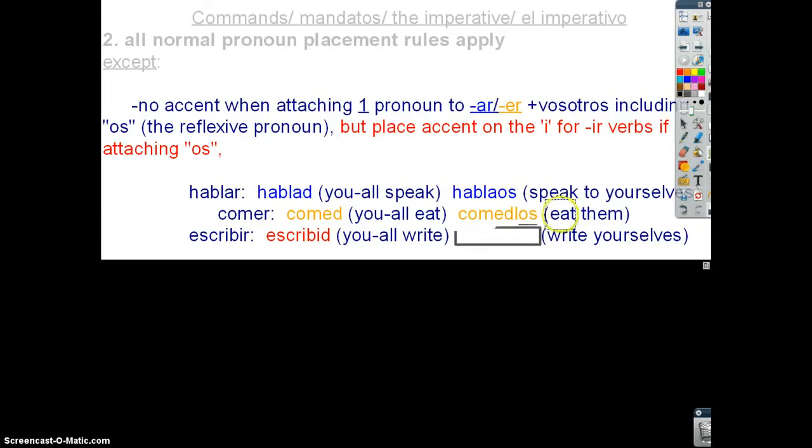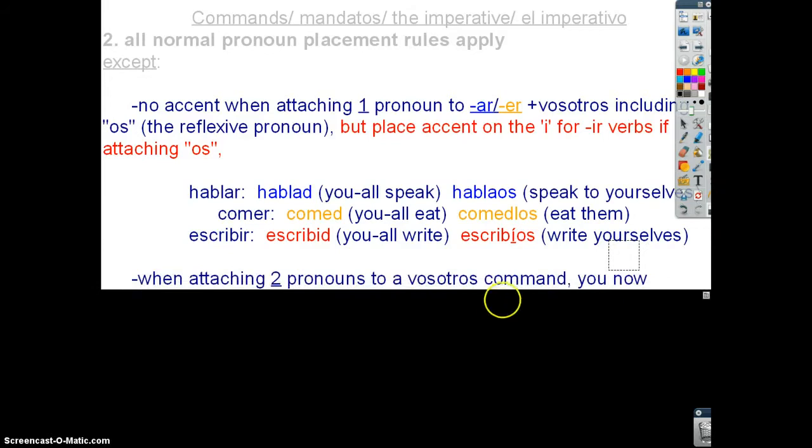Of course, if I was attaching os, I would drop the D first, but since I'm adding a direct object pronoun, it stays there. But let's look at what happens to escribir. When I attach os to it, first, of course, I drop the D, but I also add an accent to the letter I. If I were to have added los, no accent. It just happens if I'm attaching os.